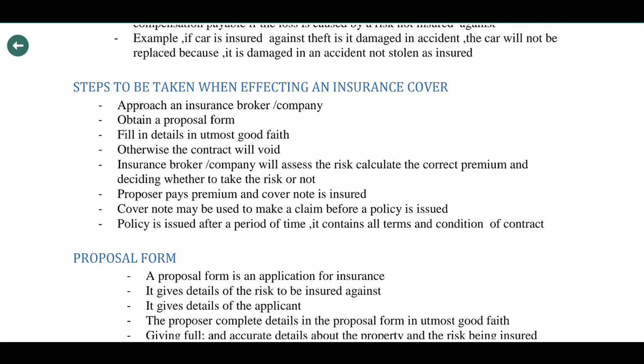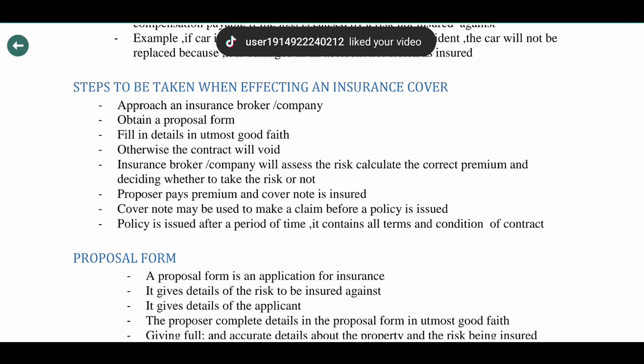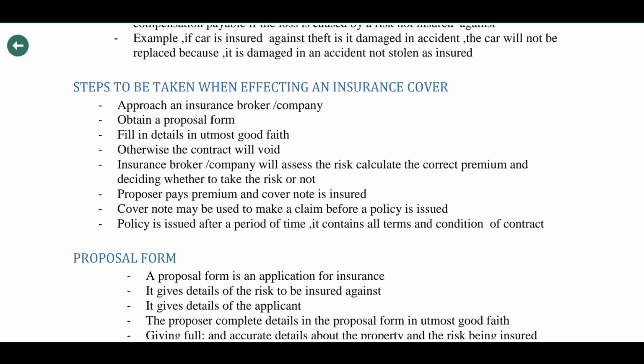Then if they accept, you, the proposer, pay the premium. What is premium? Premium, like I already explained, is the money you pay to the insurance company. Okay? Then the cover note may be used to make a claim before a policy is issued.